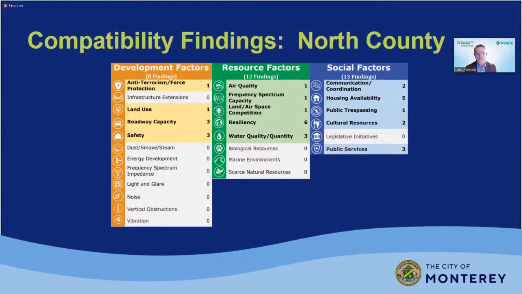And then we looked at a couple of cultural resource issues, mainly nested in human remains and those kinds of sensitive cultural resources that exist in the peninsula.